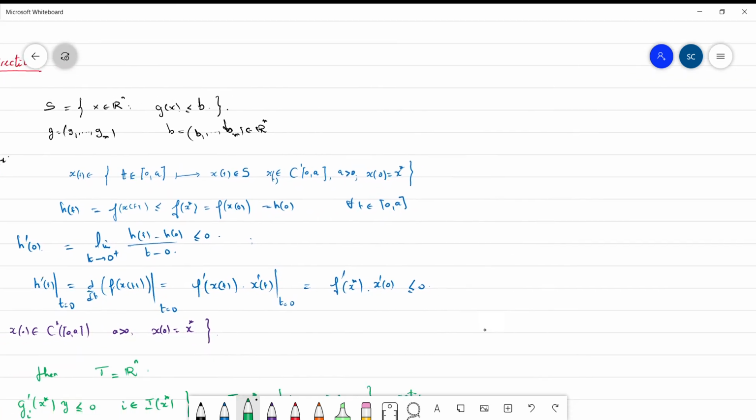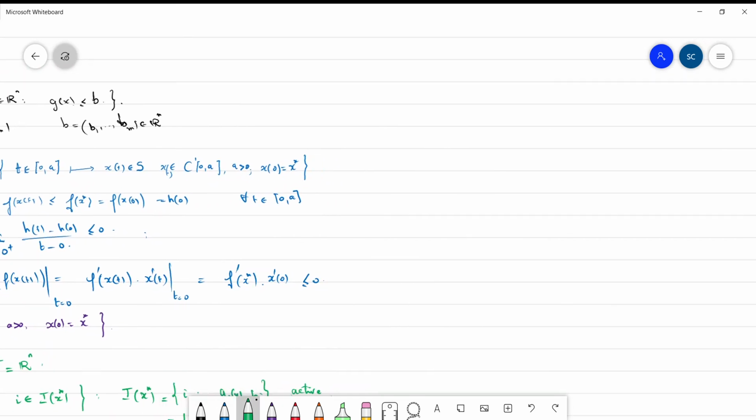Let's practice and see through some examples how we can graph the sets. An example. Suppose that we have a set S defined by constraints, the set of (x, y) in R2 described by g1(x, y) equal x squared plus y squared minus 1 negative, and g2(x, y) equal x minus y negative.